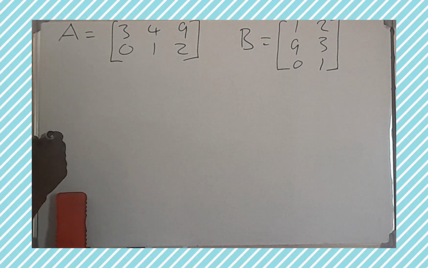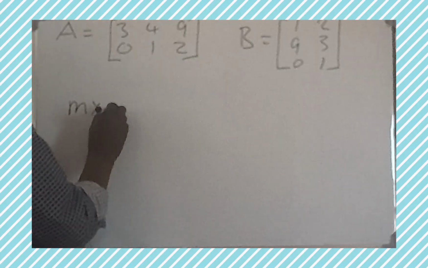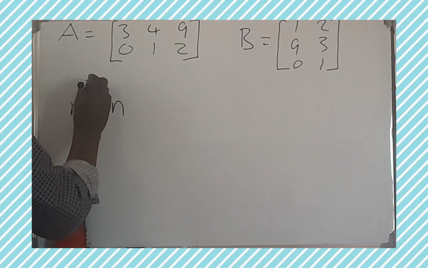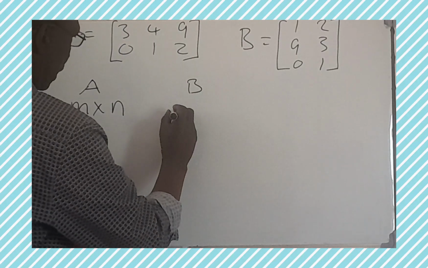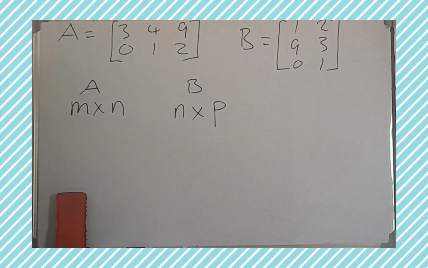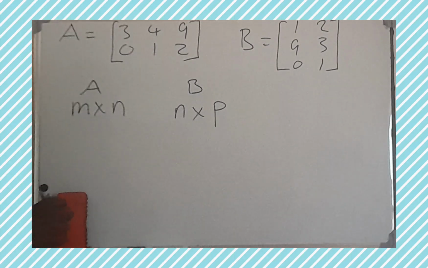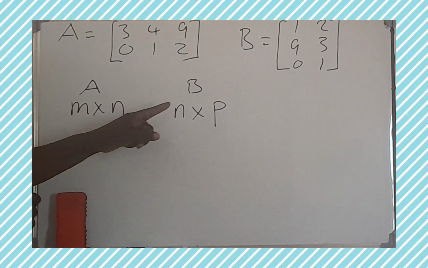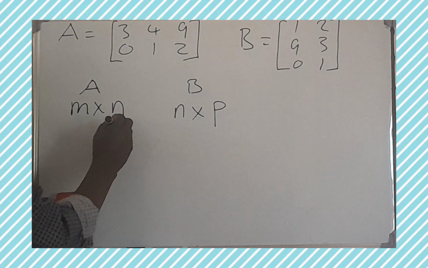Supposing our matrix A is of size M by N. This will be matrix A. And our matrix B is size N by P. In other words, M rows, N columns, N rows, P columns. If this product is to be possible, we check here.